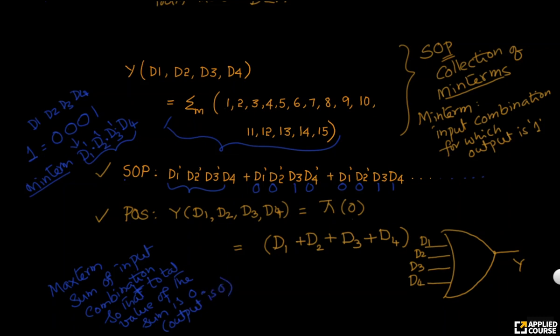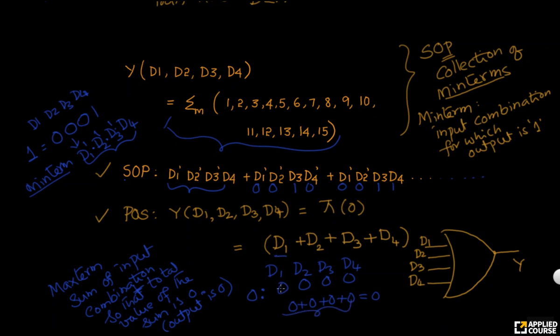Okay, so the max term is 0, and hence what is the binary pattern associated with it? D1, D2, D3, D4, all of them are zeros. And hence I can write it as 0 plus 0 plus 0 plus 0. Obviously the result is 0. And how to write it?